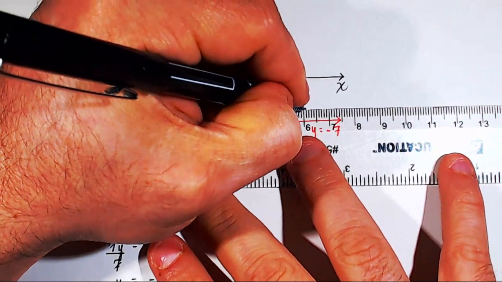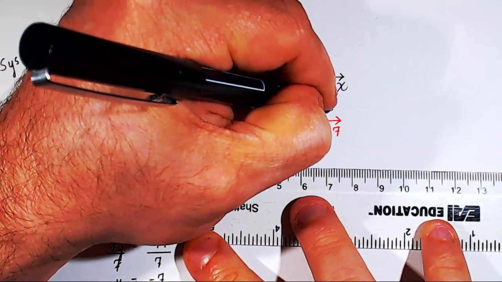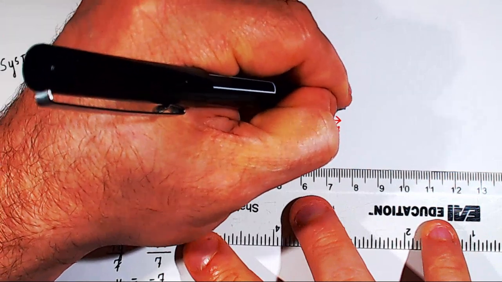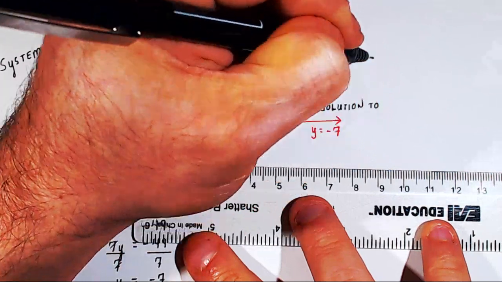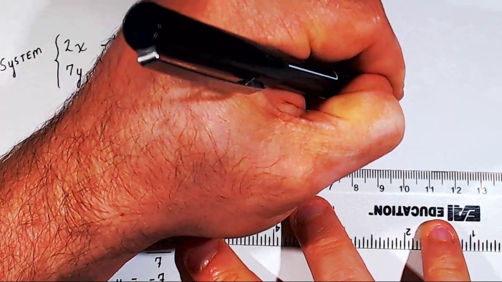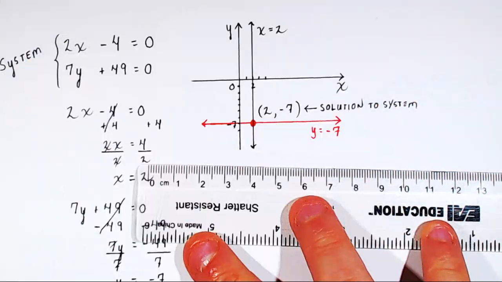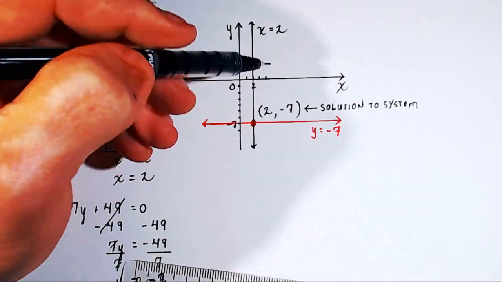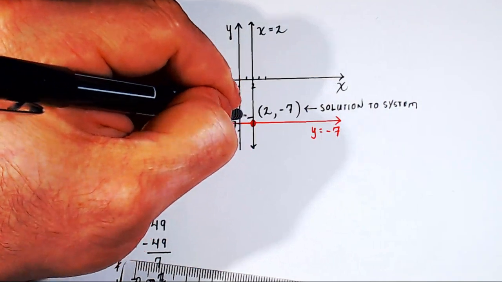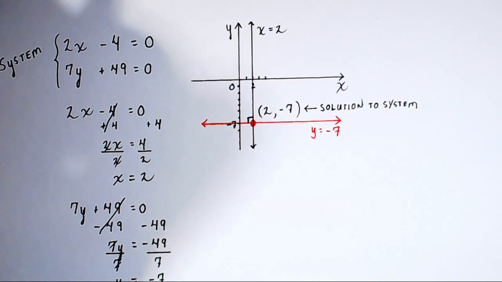This is what you're looking for. There's your solution to the system. These two lines form a 90-degree angle right here. They're perpendicular to one another.